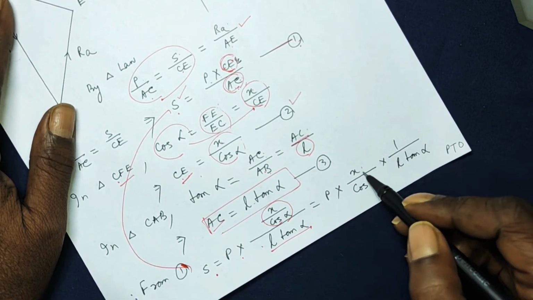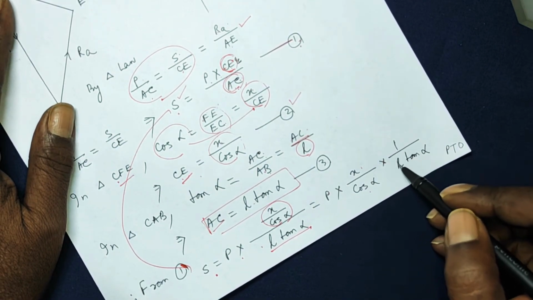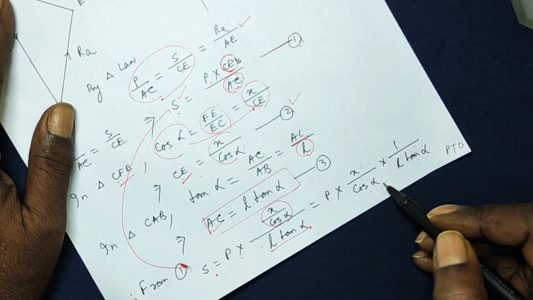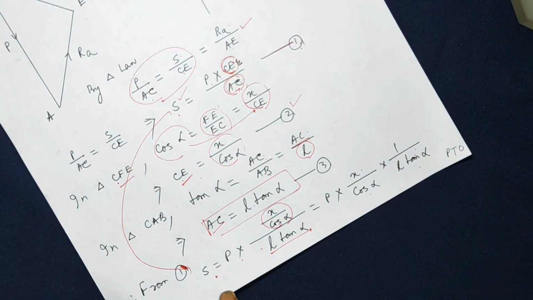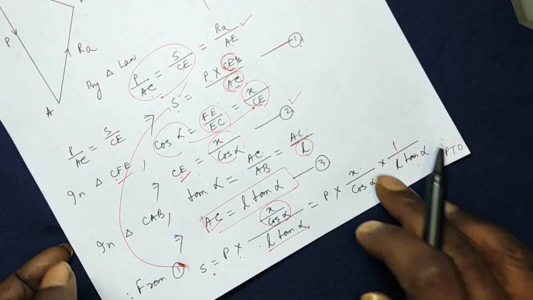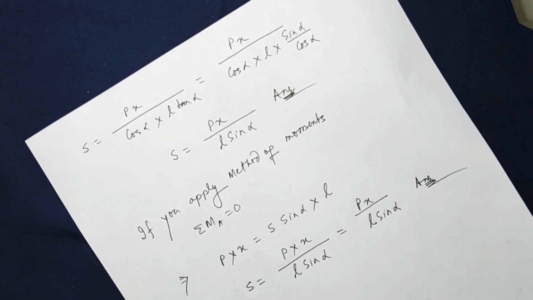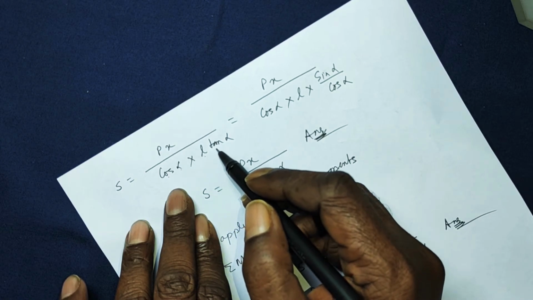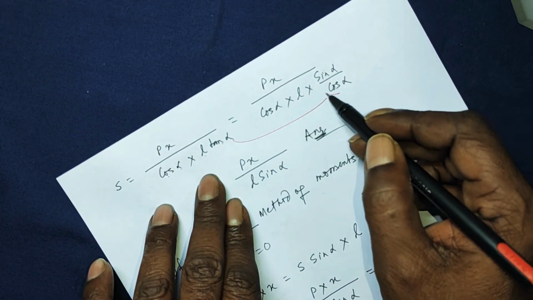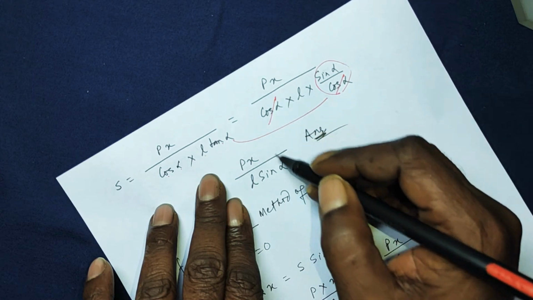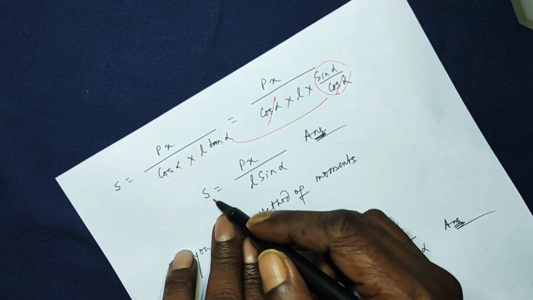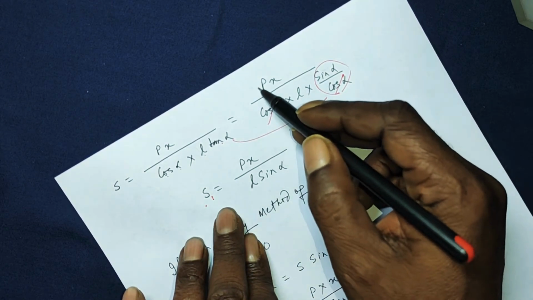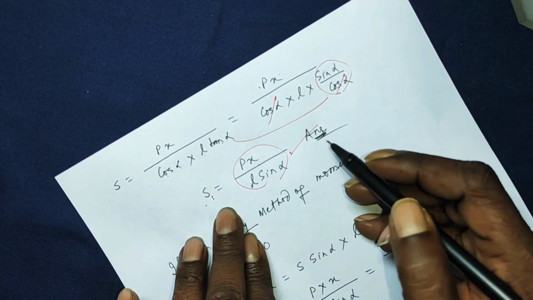P times x over cos alpha times 1 over L tan alpha. Tan alpha is converted to sin alpha over cos alpha. Cos alpha cancels. So S, the tensile force developed in the tie rod, is Px over L sin alpha. So that is the answer.